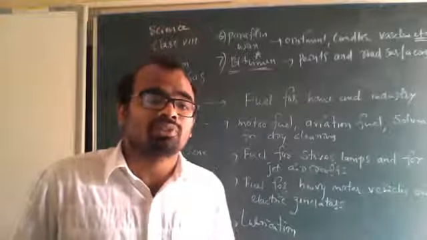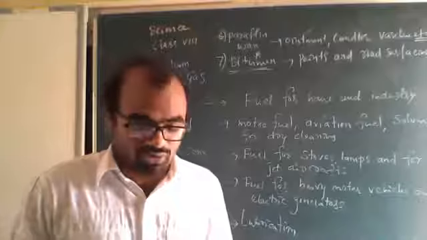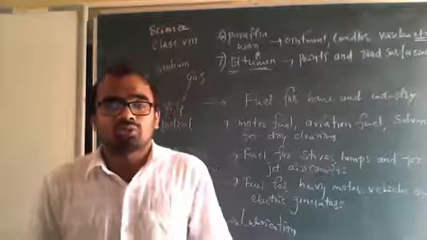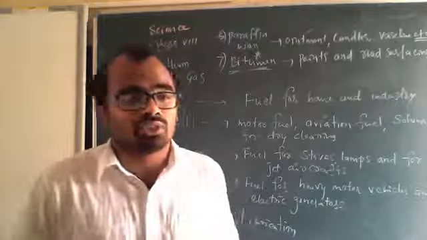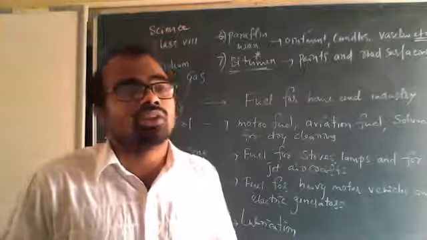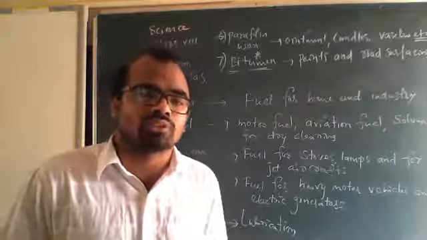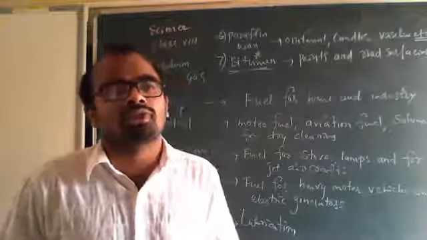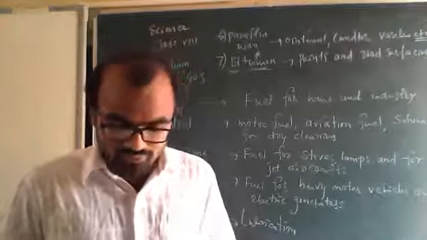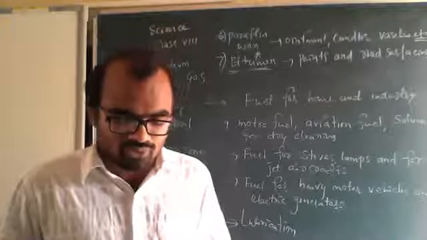That is the main disadvantage we have to consider. Due to this, global warming happens, because of the large amount of carbon produced in the environment. When you burn fossil fuels like coal and petroleum, carbon is produced, and it increases global warming.